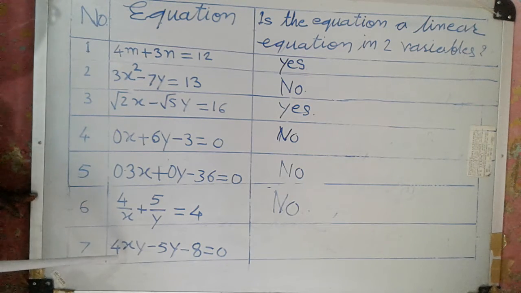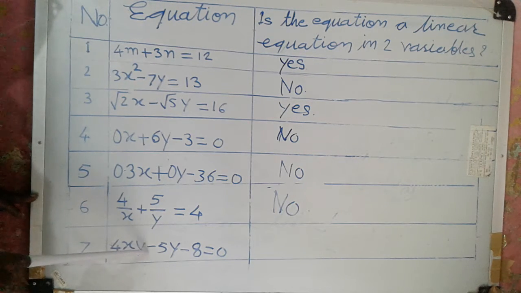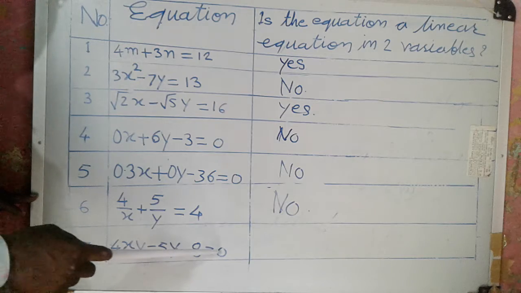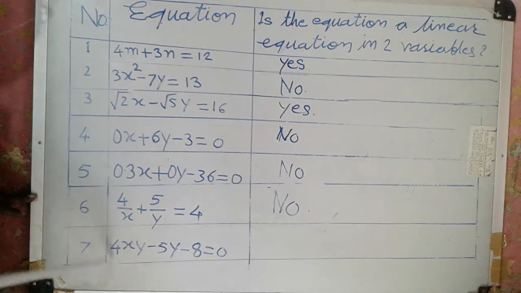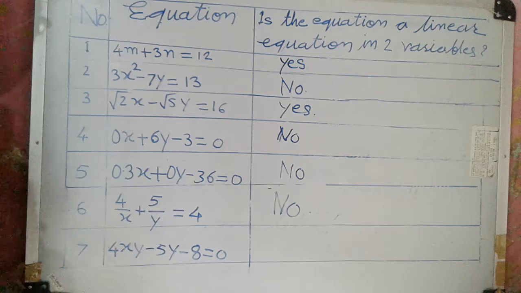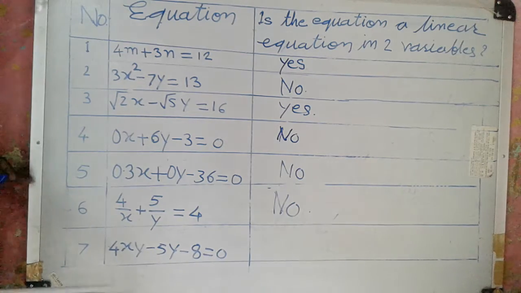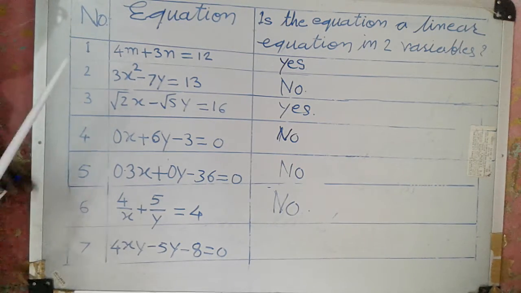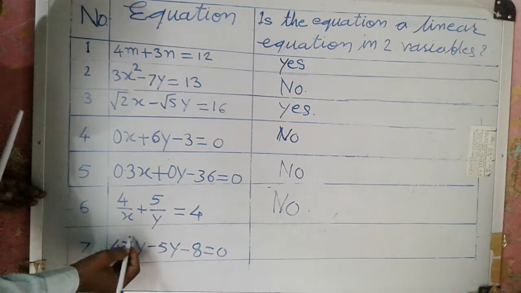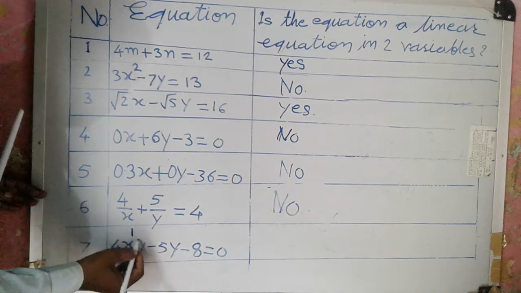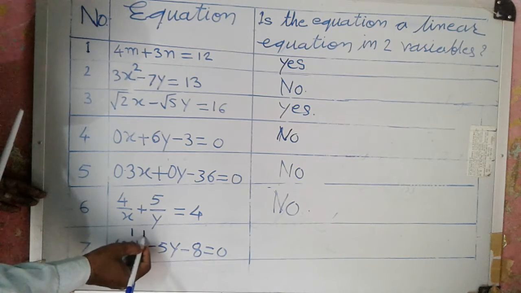And here 4xy minus 5y minus 8 is equal to 0. Now here in this first term, two variables are here, x and y. If we consider the degree of this first term, the degree of x is 1 and the degree of y is 1.